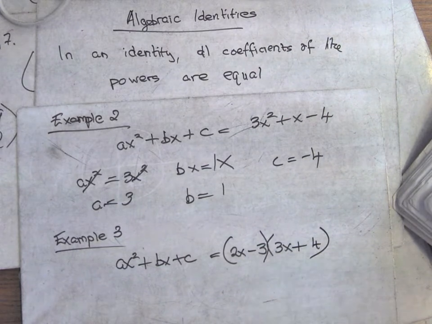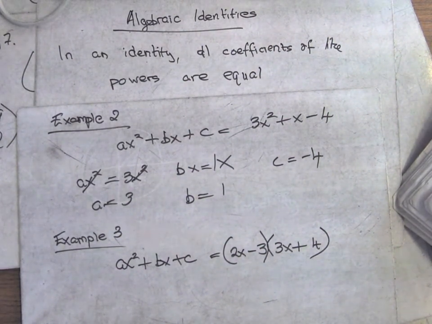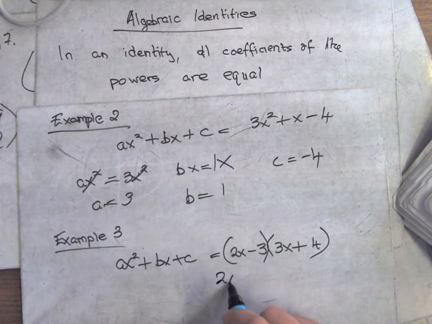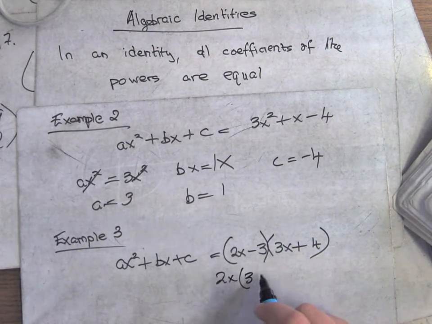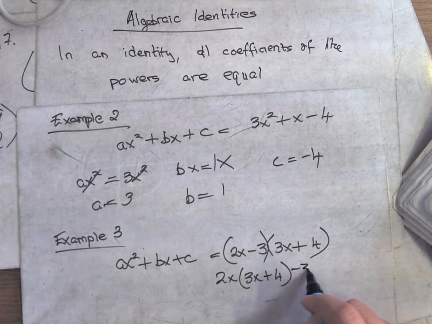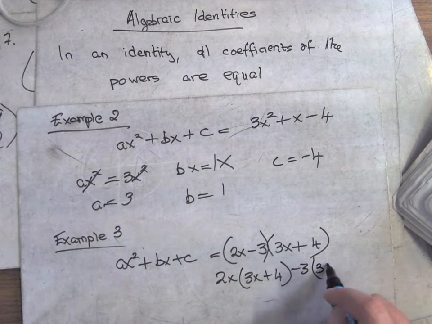Right, how do I do it? Multiply out, multiply the right hand side, yeah? So multiply the right hand side, I get 2x times 3x plus 4 minus 3 times 3x plus 4.